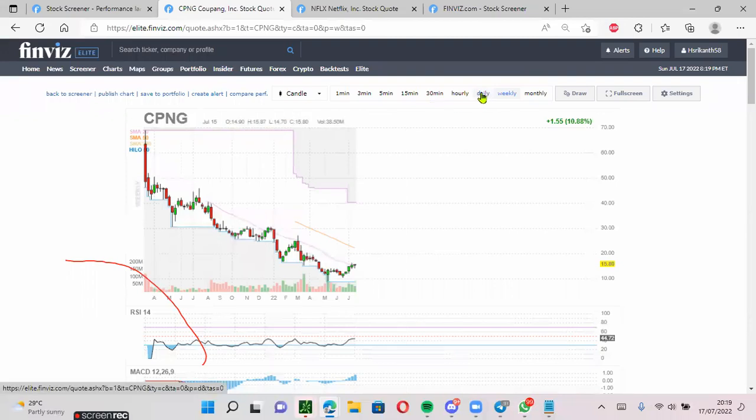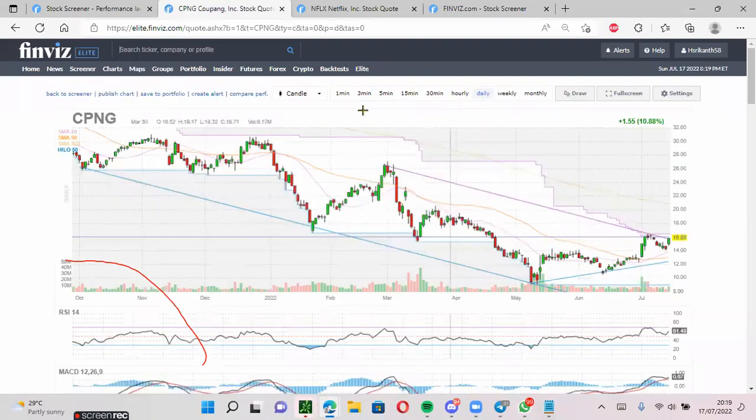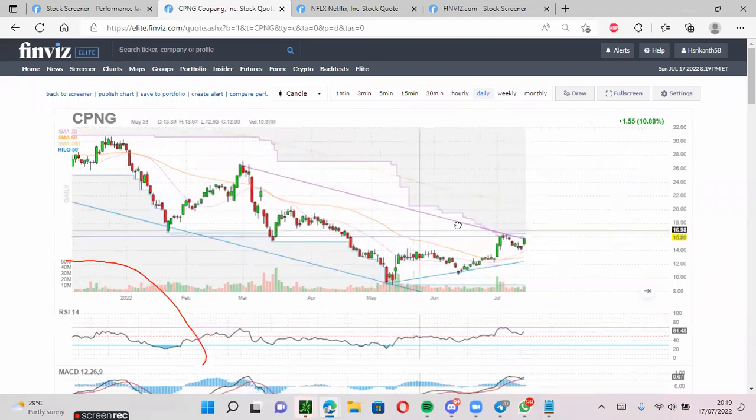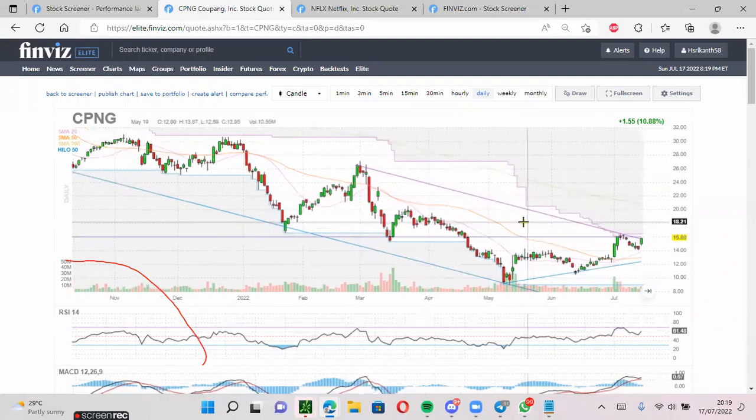Let's see on daily. Okay, yeah, if you see, it has to break out this level to gap up higher. Let's see if I can move this.